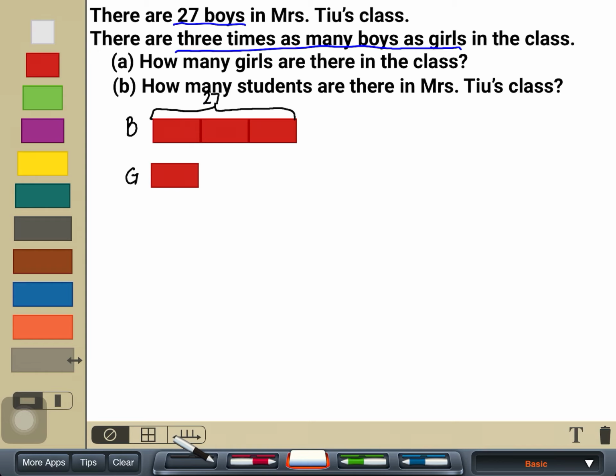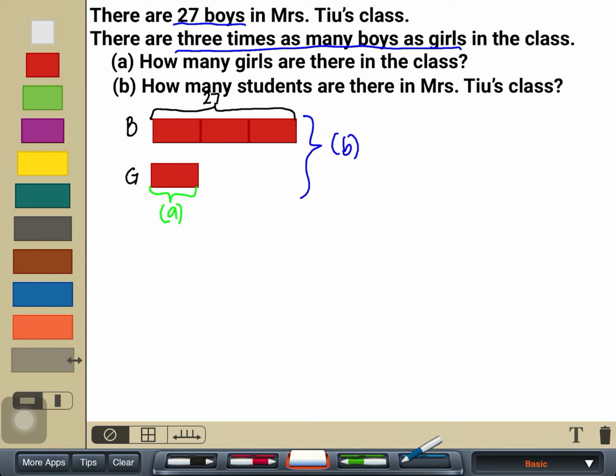Now, we are trying to look for 2 things here. Letter A, the number of girls, and then letter B, the number of students altogether.